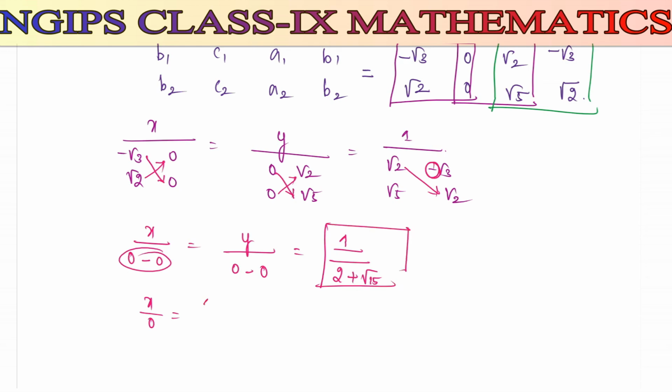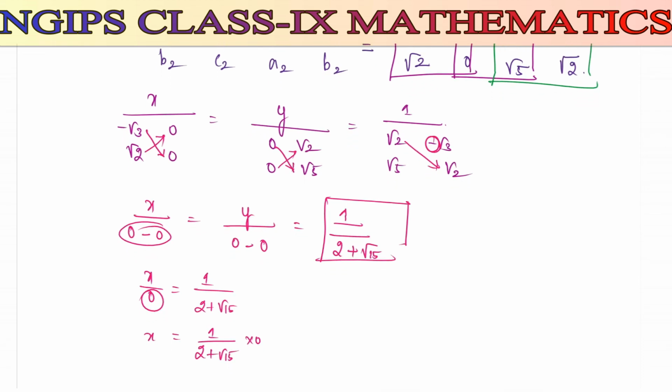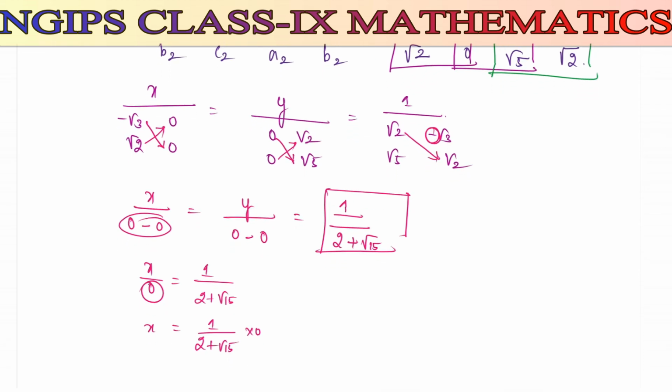So when you equate 1 divided by 2 plus root 15, x is equal to, this division when you shift to the opposite side will be multiplication, 1 divided by 2 plus root 15 into 0, 0 into anything the value is going to be 0. I can write here x is equal to 0.